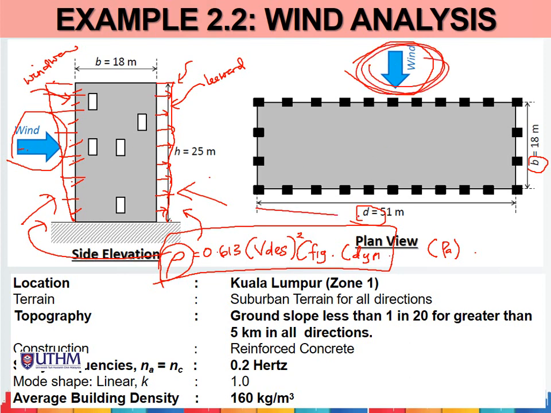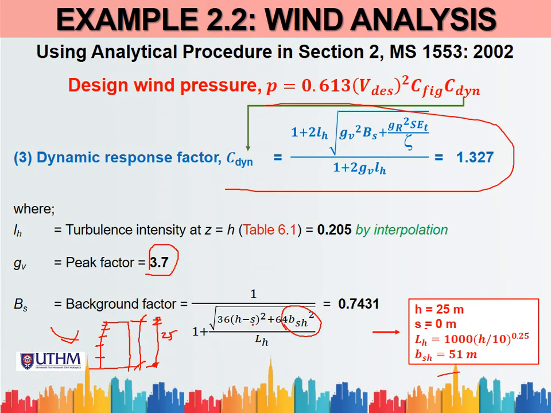So this is the BSH. Okay, depends on the wind direction. Kalau wind direction dia kat sini, BSH dia yang ni lah. So this is the wind direction, and this is the BSH. So take it as 51. Okay, 51. And the LH here is equal to 1000 H divided by 10 power of 0.25.